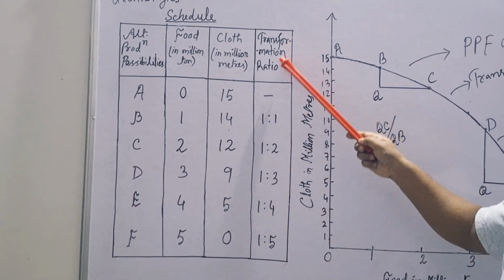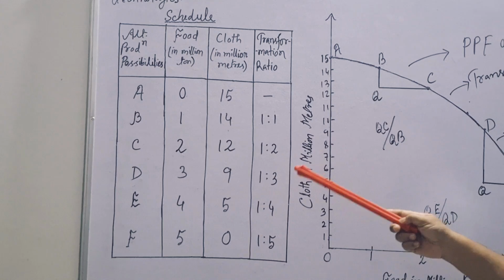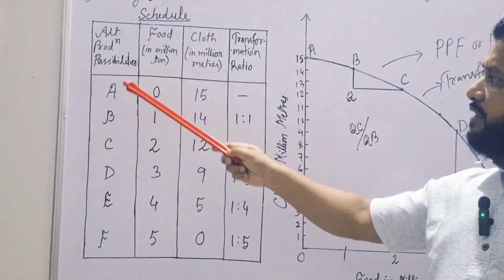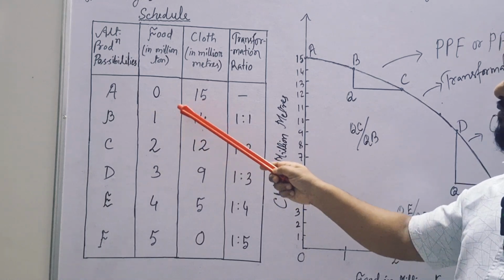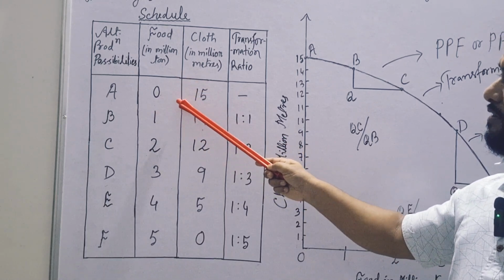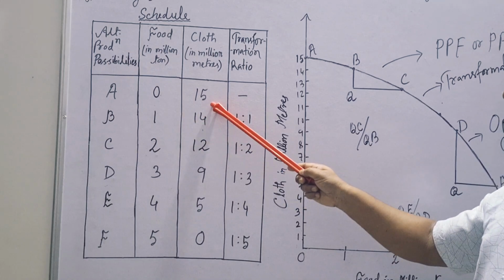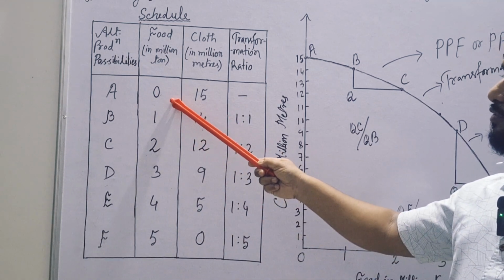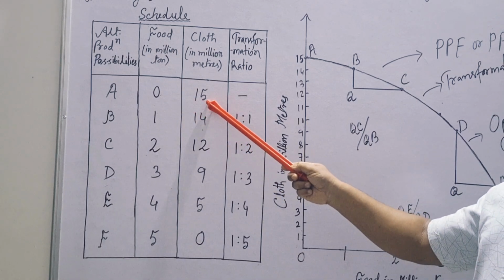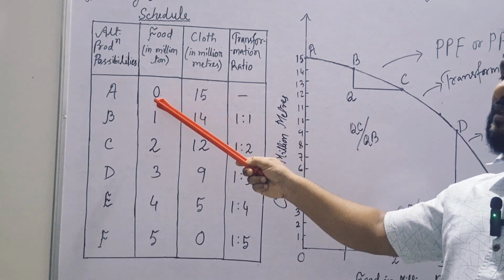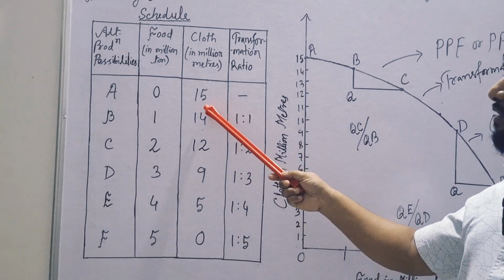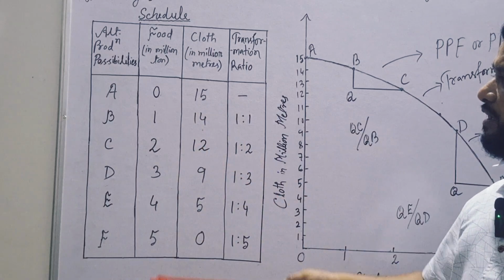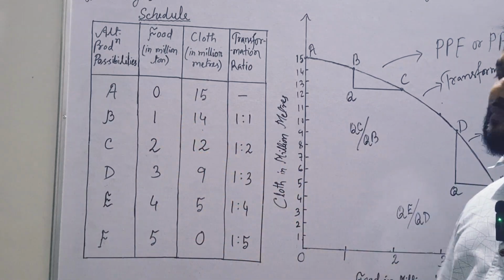And here we have written the transformation ratio. Combination A shows that the country produces 0 food and 15 cloth. That means the country utilizes all the resources for production of cloth, and then only 15 million meters of cloth can be produced and no food item can be produced.